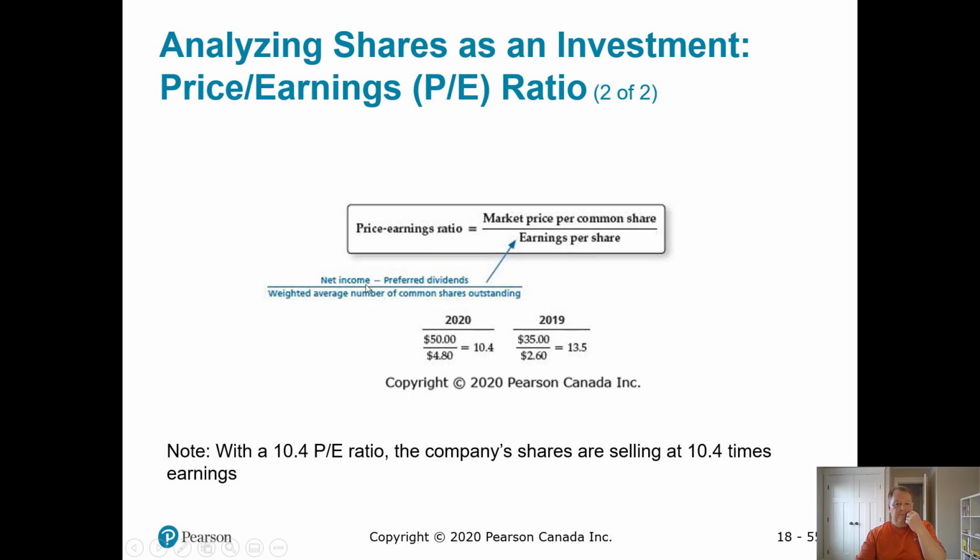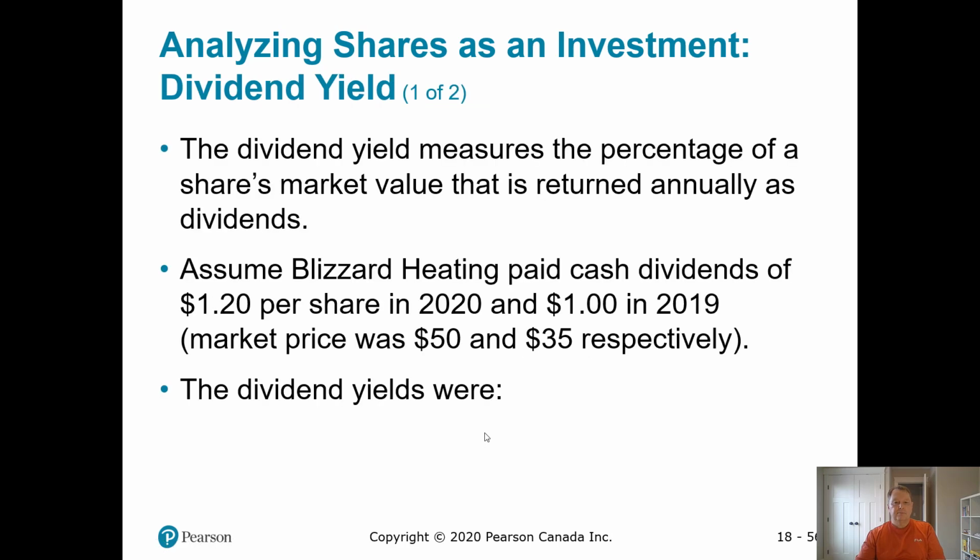So we don't have as much market price there. So they're selling at 10 times their earnings, where they were selling at 13.5 times their earnings before. Very interesting that the market is accepting sort of a lower PE ratio in this case.